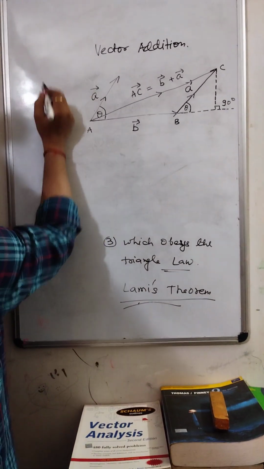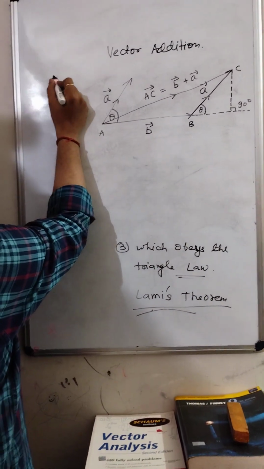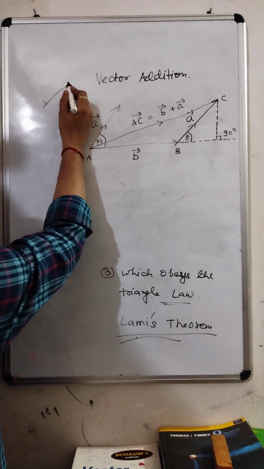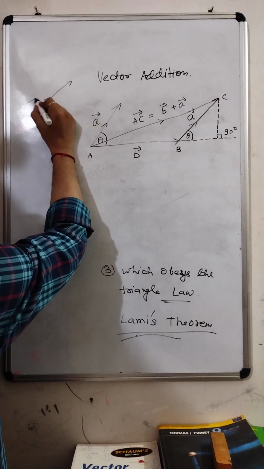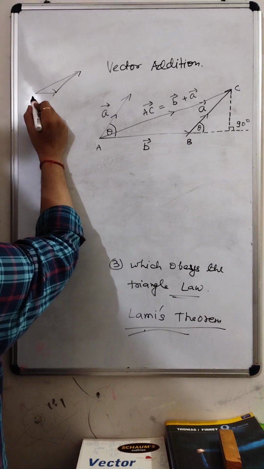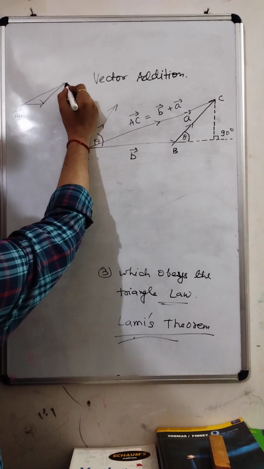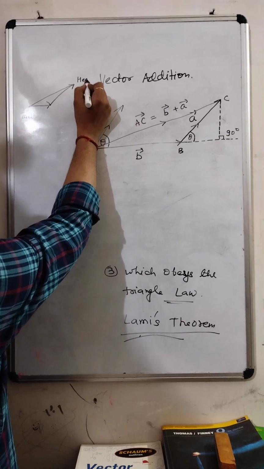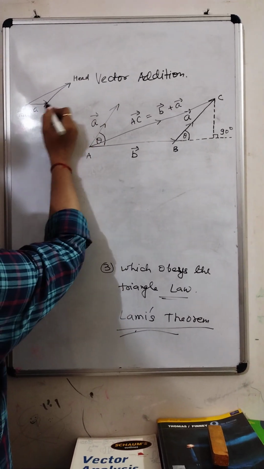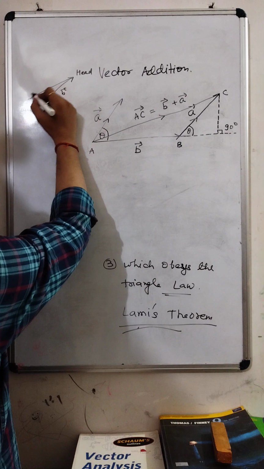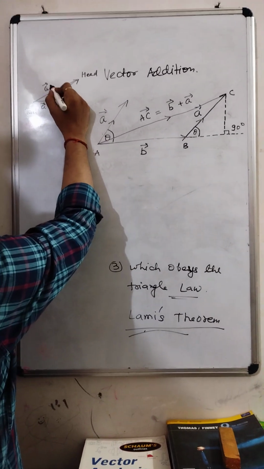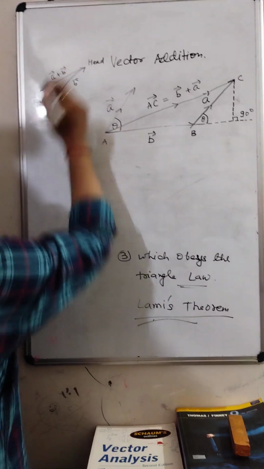It means that in a coordinate system, if a vector is like this, and the second vector is like this, the third vector which starts from the tail and goes to the head of the second vector, this is A vector, this is B vector. This vector is also denoted as A vector plus B vector.